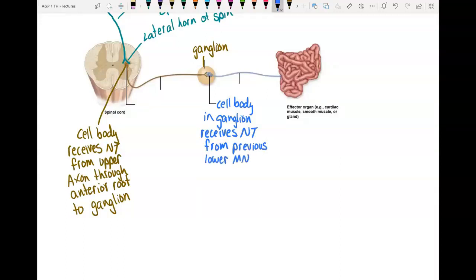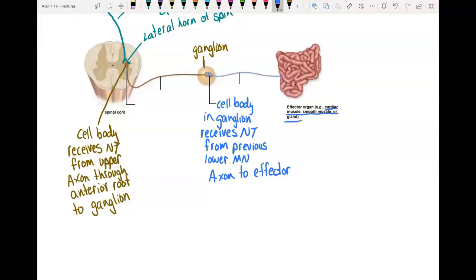And then its axon goes to the effector. And since this is autonomic, the effector is either going to be cardiac muscle, smooth muscle, or a gland.